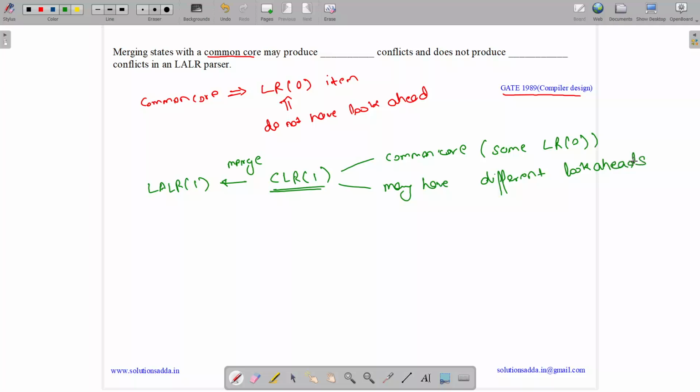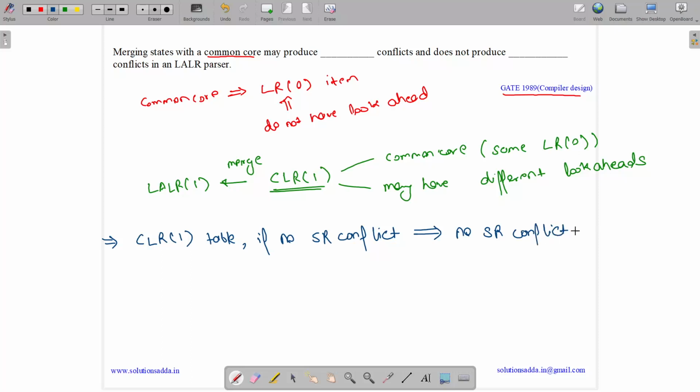And we know when we are merging those CLR1 items to form LALR1, then two conditions can occur. The first one is that in the CLR1 table, if no SR conflict, no shift reduce conflict is there, then no SR conflict will be there in LALR1.